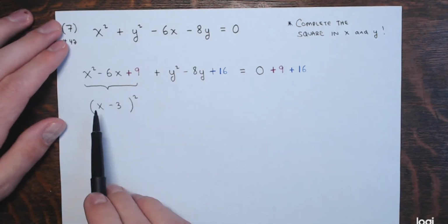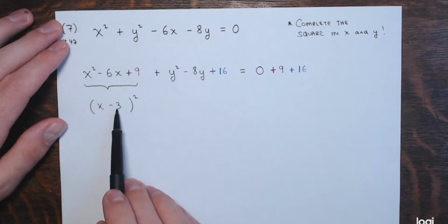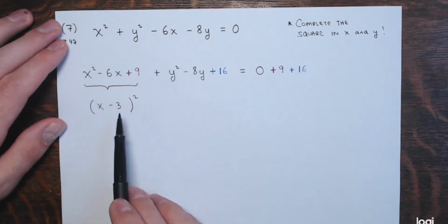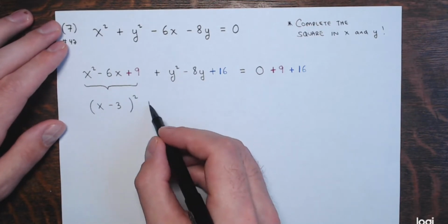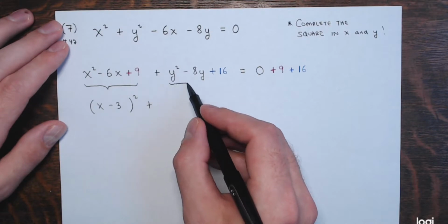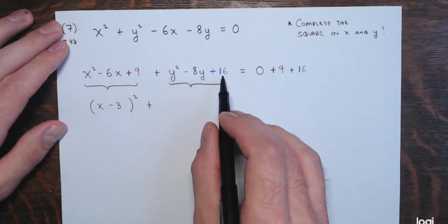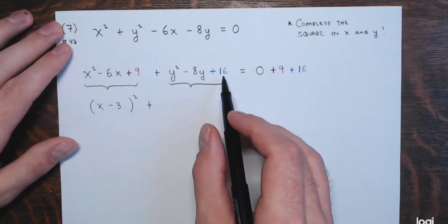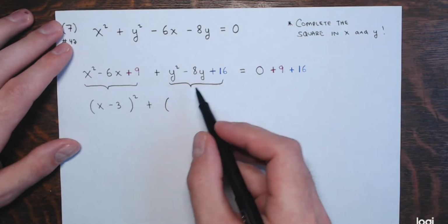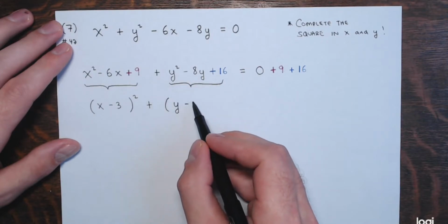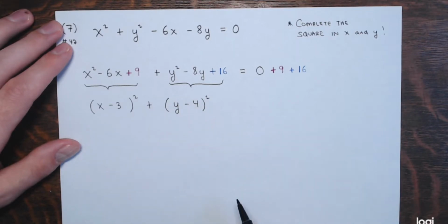It's the variable x plus whatever half that linear coefficient was, that quantity squared, after you complete the square. Plus, and then the y terms, the same thing. When I added this 16, I created another perfect square trinomial in y. Y squared minus 8y plus 16 can be re-expressed as y minus 4, that quantity squared.